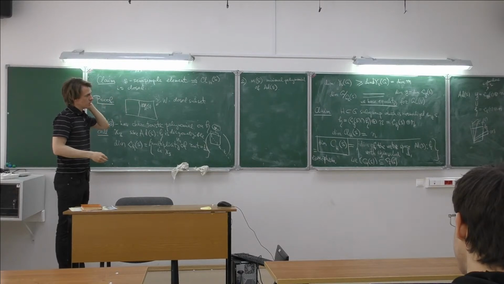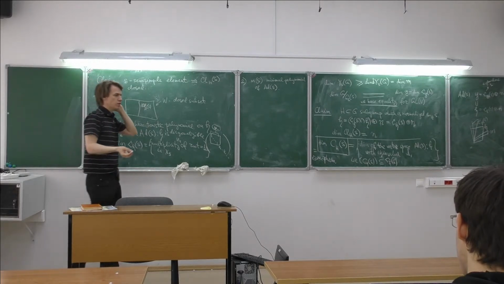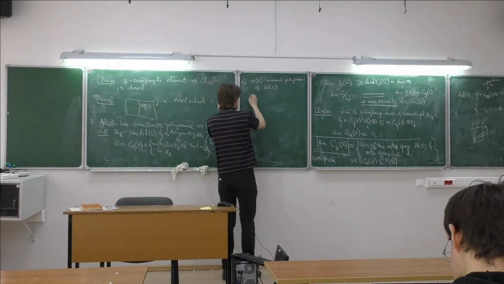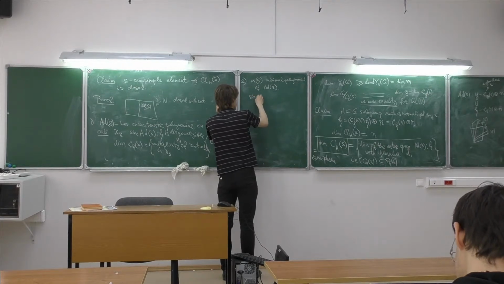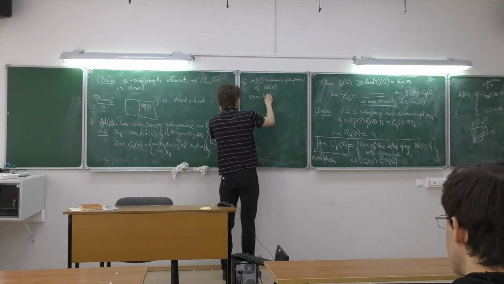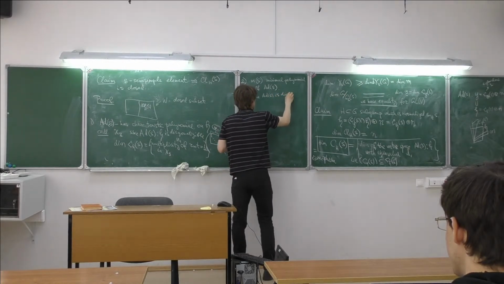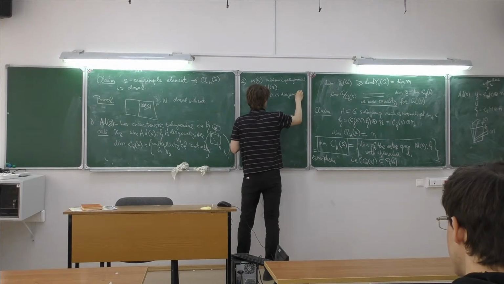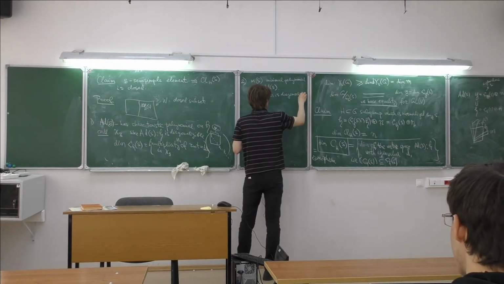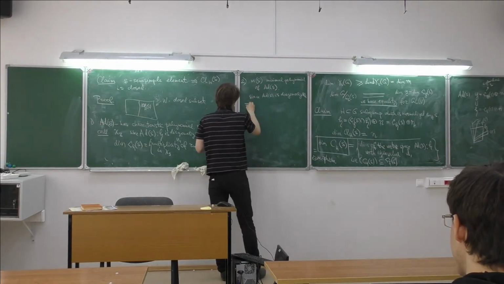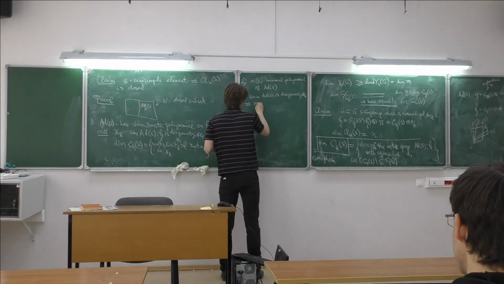It is the minimal polynomial, and what we know about this, yeah, so since the operator is diagonalizable, then MS has no multiple roots.